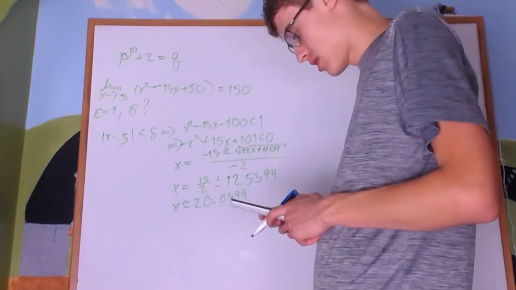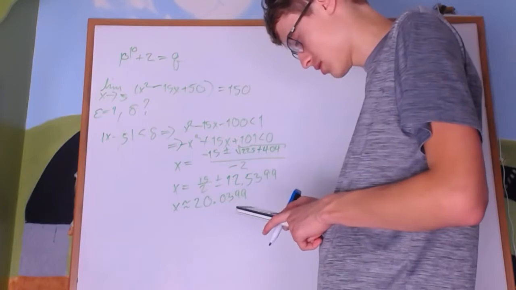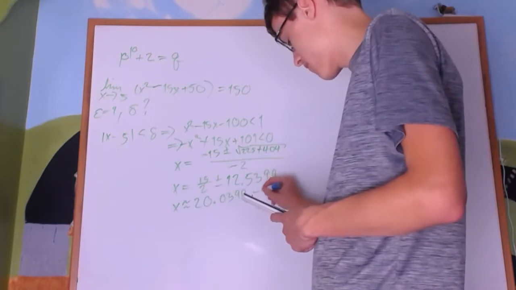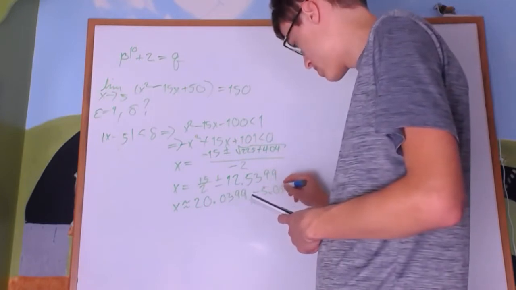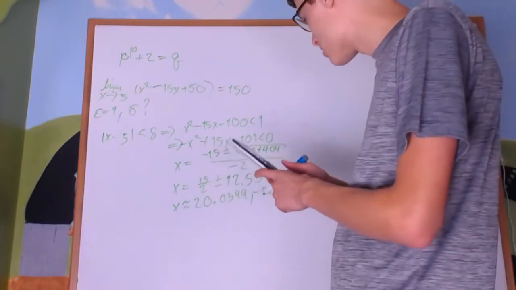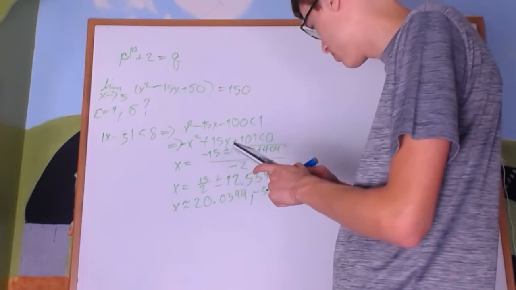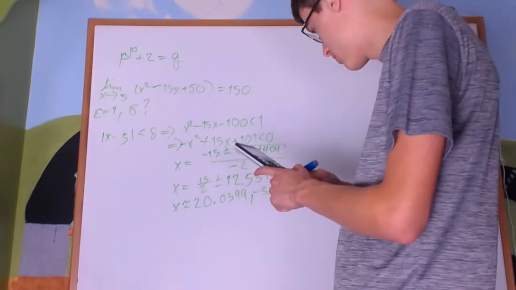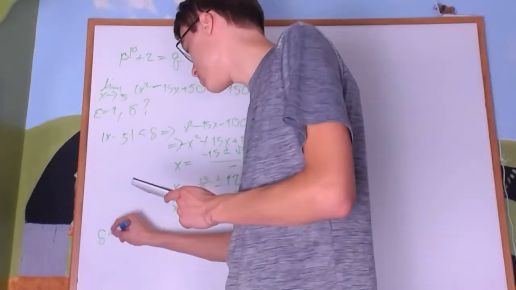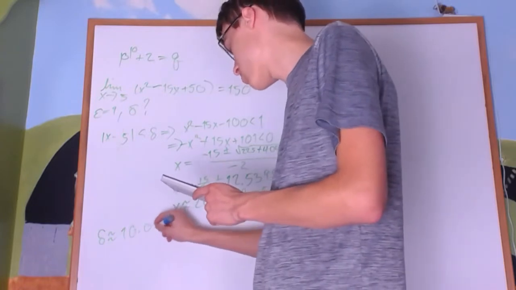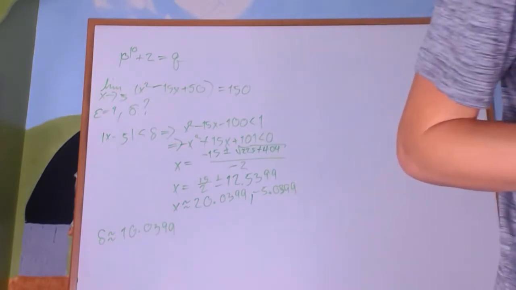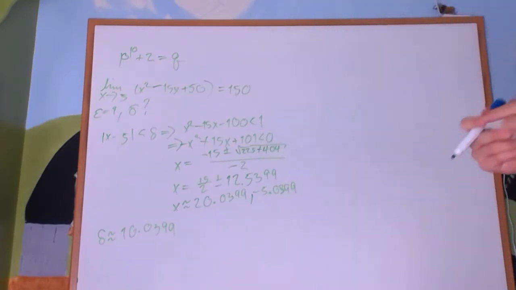And alternatively, 15 over 2 minus the value is going to be negative 5.0399. Then you do x minus 5, so 5 plus 5.0399. So I'd say delta is approximately equal to 10.0399. That is the largest delta you can do.